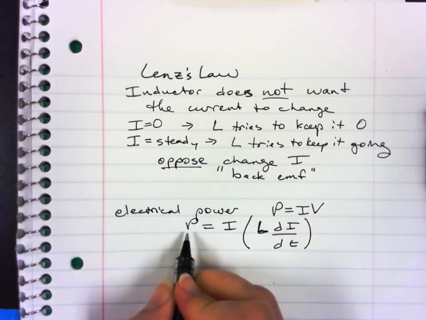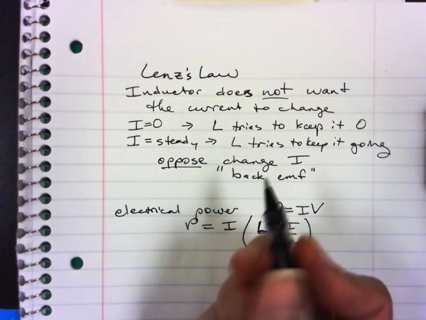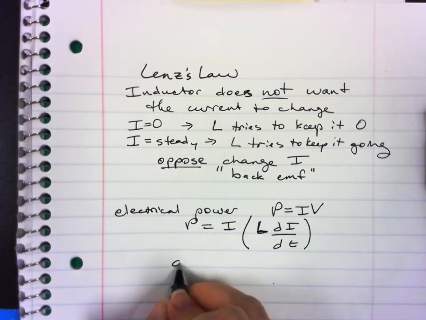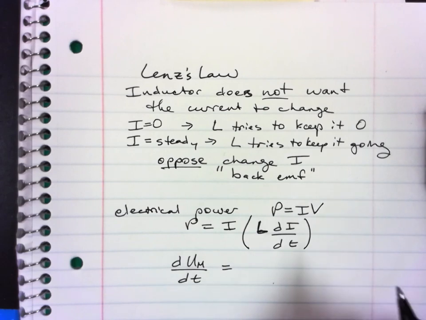Well, power, remember, is how fast work is done, or the rate of change of energy. In this case, with an inductor, it is a form of potential energy. We're going to call it magnetic potential energy. So we're going to replace power with the derivative of magnetic potential energy.